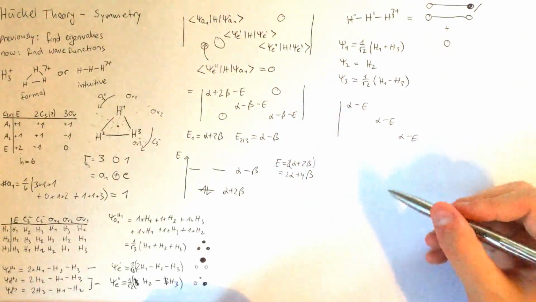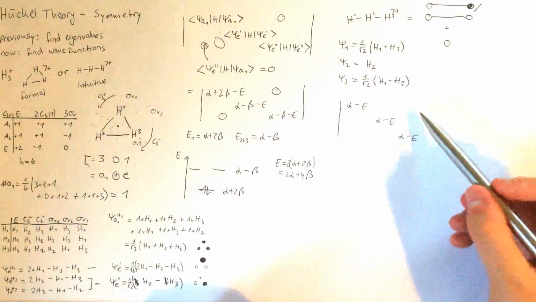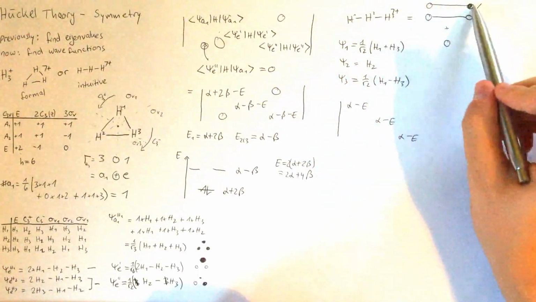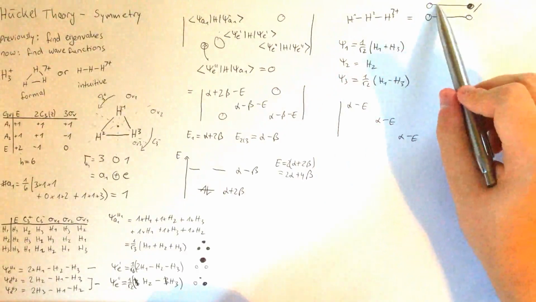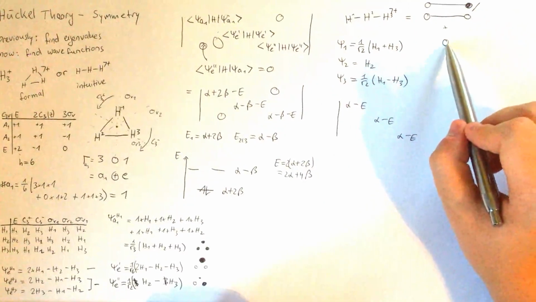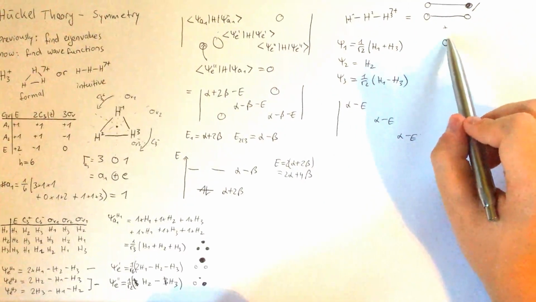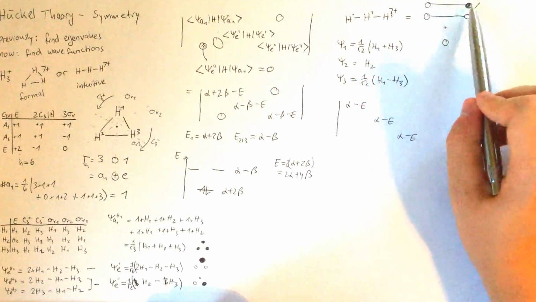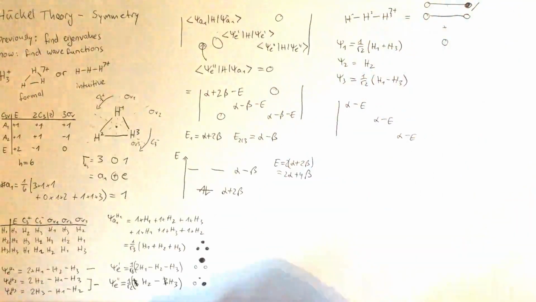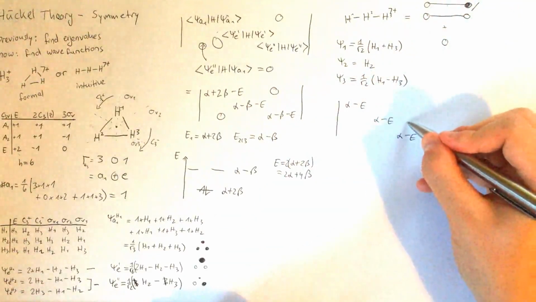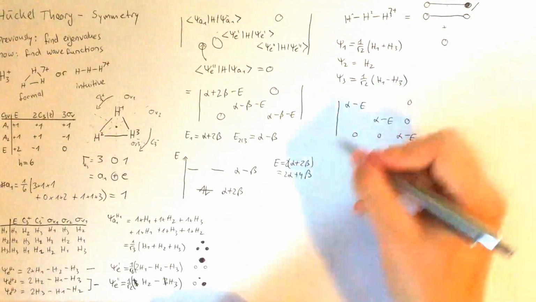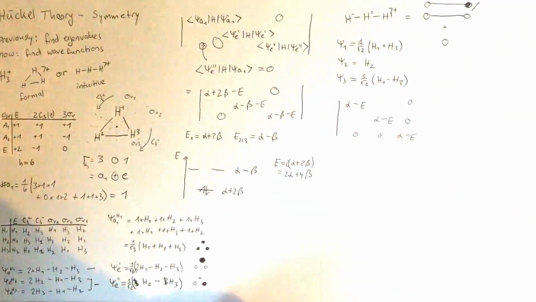And then let's look at psi3. Psi3 is the out of phase combination. The out of phase combination can't overlap with psi2, because if I were to put this orbital in here, we would have one good and one bad interaction, so no interaction overall, so that I can write zeros in terms of overlap for all the interactions with psi3.